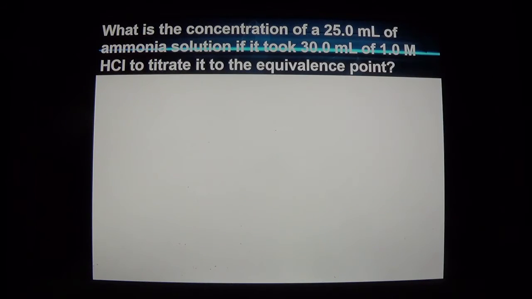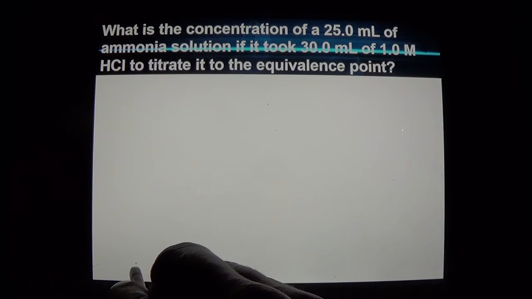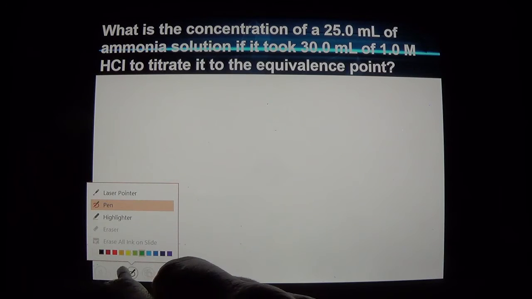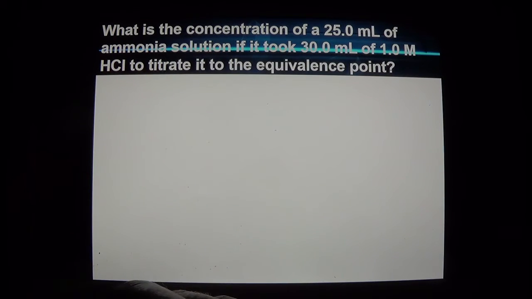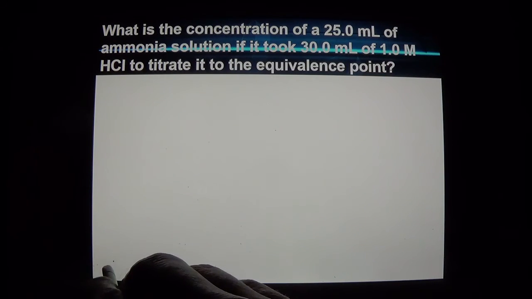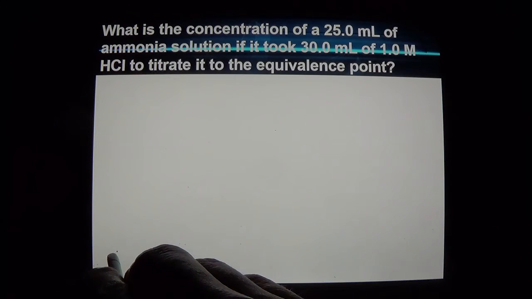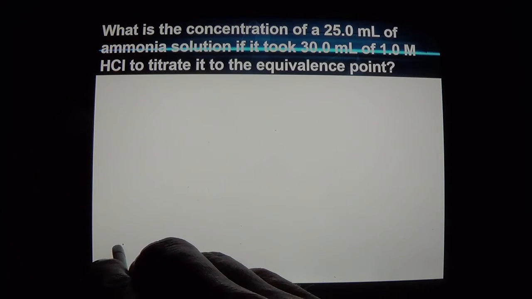Let's try this one. What is the concentration of 25.0 milliliters of ammonia solution if it took 30 milliliters of 1.0 molar hydrochloric acid to titrate it to the equivalence point? Oh, equivalence point. When I hear equivalence point, I think railroad tracks, because I'm doing a titration.